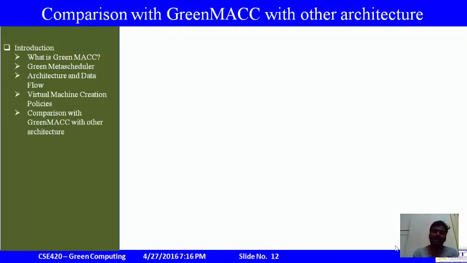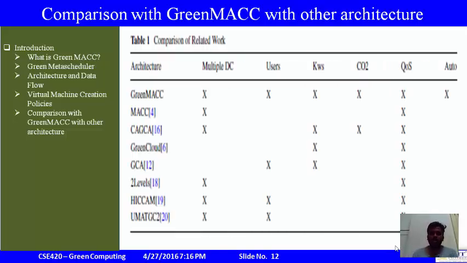Making a comparison of various other architectures with GreenMac, wherein the various architectures that we have are GreenMac, Mac, CA, GCA, Green Cloud, GCA, two levels architecture, HICAM, and UMA, TGC.